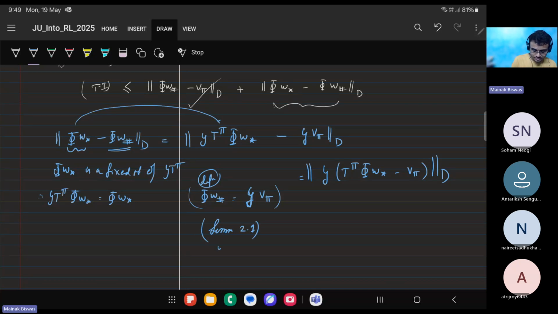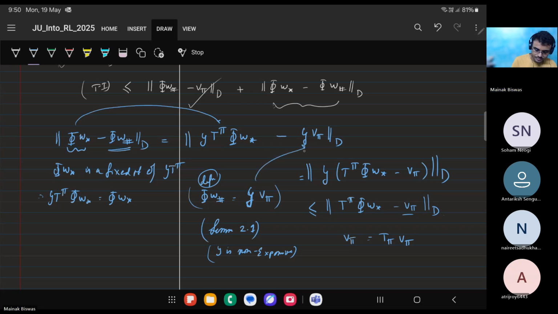G is non-expansive, yes or no? Yes, less than or equal to T pi W star minus V pi. Good. Now again, I know another property. What is that property? I know by Banach's fixed point theorem that V pi is equal to T pi V pi. Yes or no?